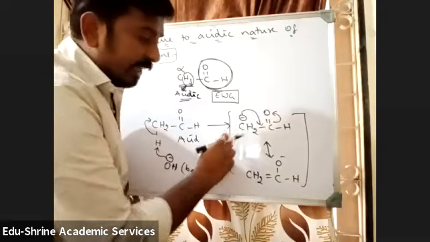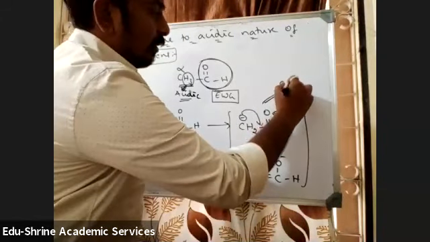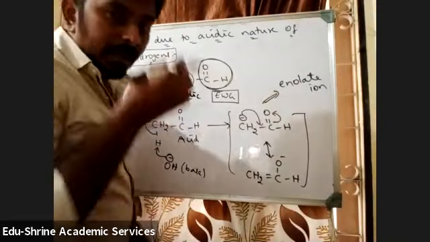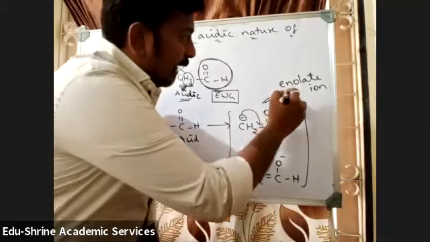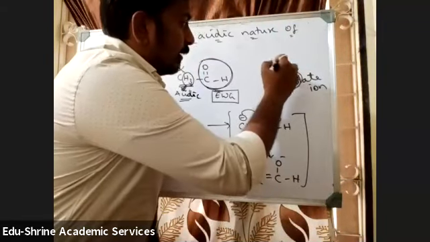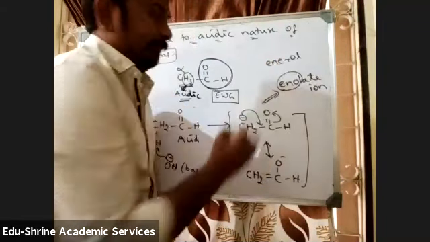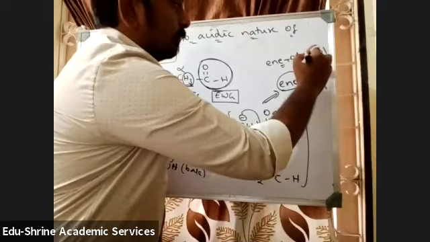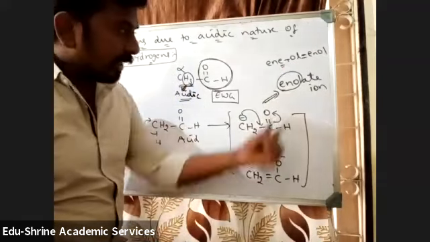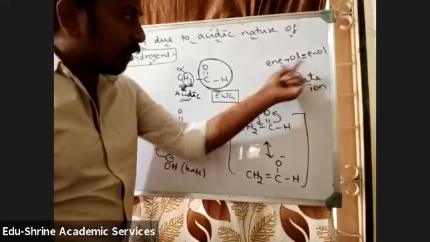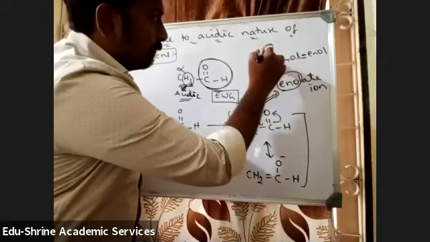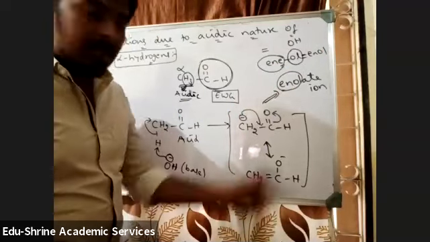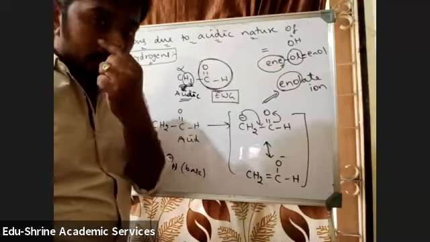The anion formed here is called the enolate ion. Enolate means en plus ol. If I remove the terminal e, you get enol. En means double bond, ol means an OH group must be present.